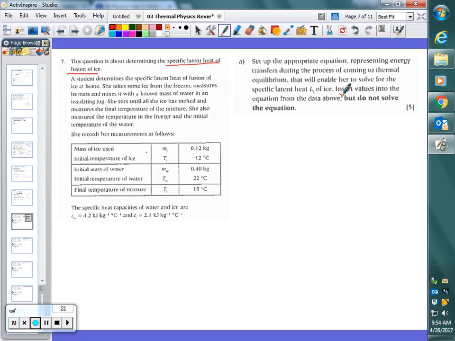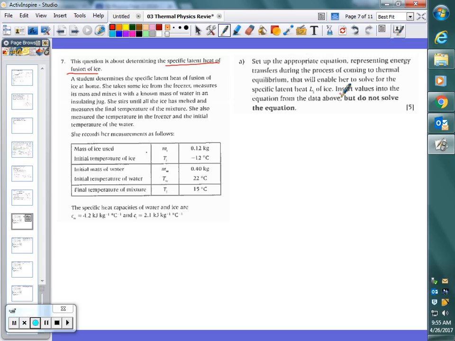There are 4 things that have to happen energy-wise in order to bring this mixture to thermal equilibrium. Thermal equilibrium means what, Fuad? Same temperature, right? So 4 things have to happen, okay?